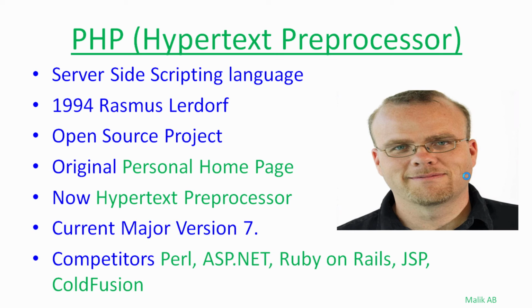Its current major version is 7 and other competitors for web development are Perl, ASP.NET. Microsoft is supporting ASP.NET. Ruby on Rails is very fast for developing websites. JSP, Java Server Pages. Oracle is supporting JSP and ColdFusion also.